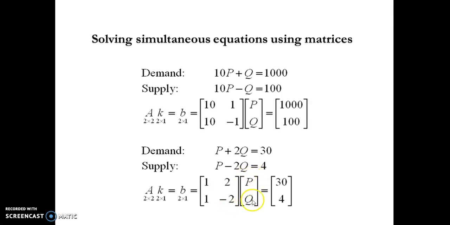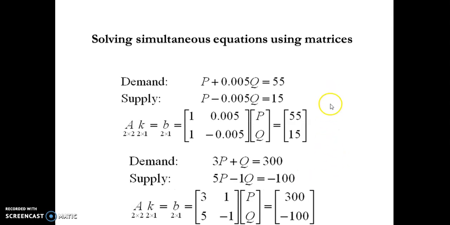Then my column vector K has my unknowns, and my unknowns are P and Q respectively. So you write it in this order. Whichever unknown is first will be on top, and then you have your second unknown below that, and that is equal to your right-hand side with your constants.